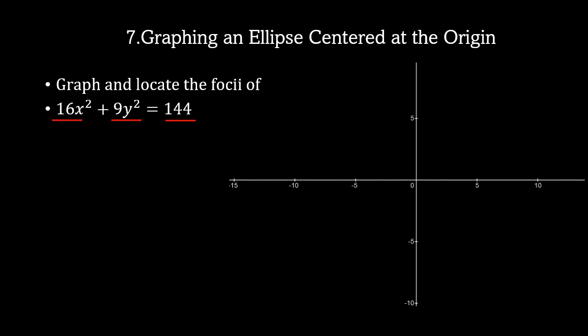Again, we need to divide every term by 144. Therefore, we got x squared over 9 plus y squared over 16 equal 1, another vertical ellipse.